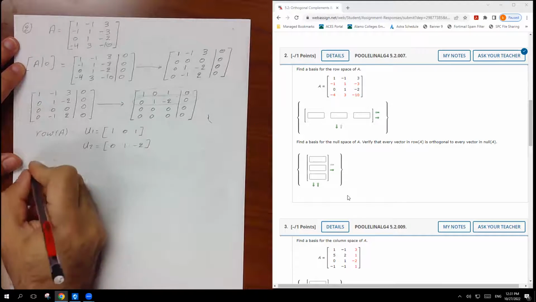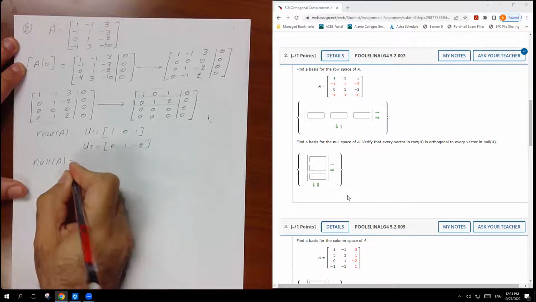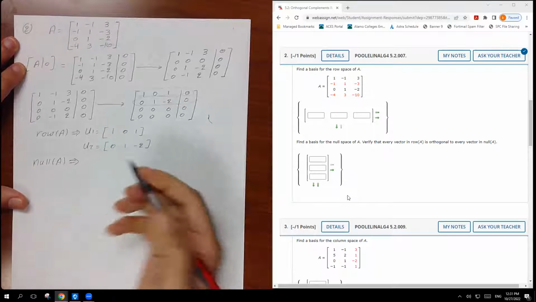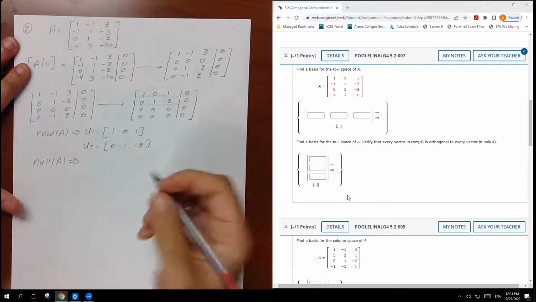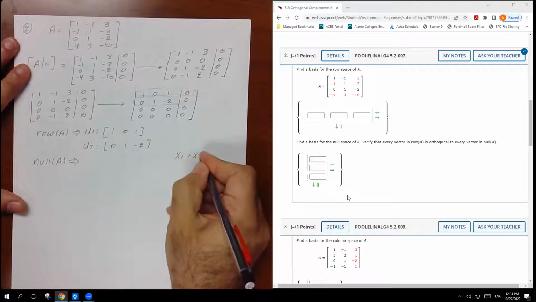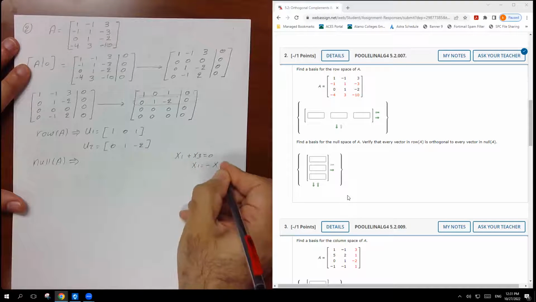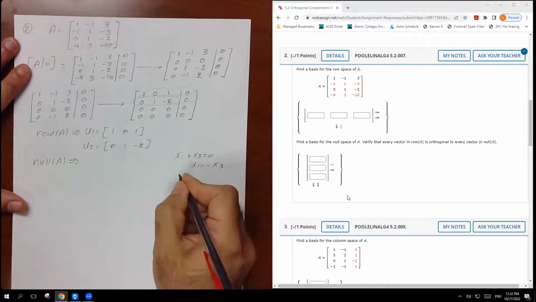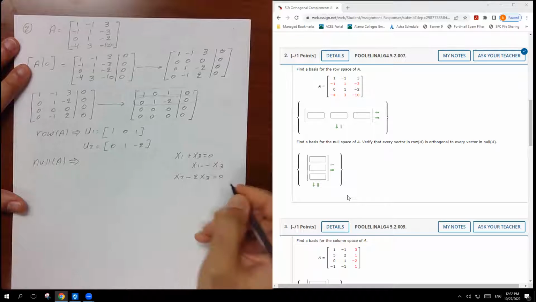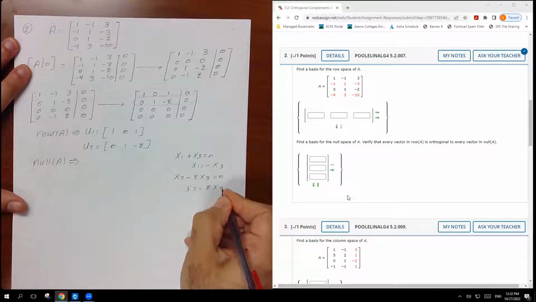The null space of A is going to be the solution for the matrix, which means we have to find x1, x2, x3. So I'm going to say here on the side, x1 plus x3 equals 0. That means x1 equals -x3. And the second one, x2 minus 2x3 equals 0, so x2 is 2x3.